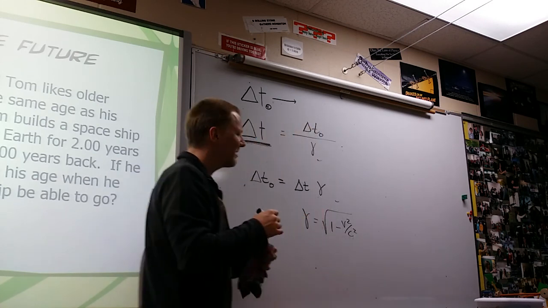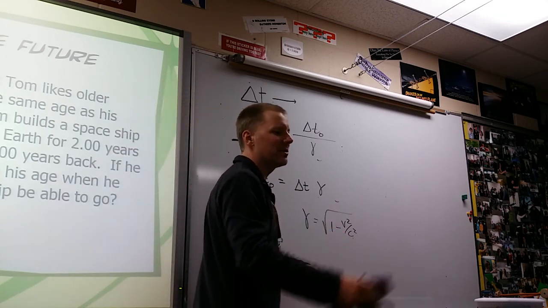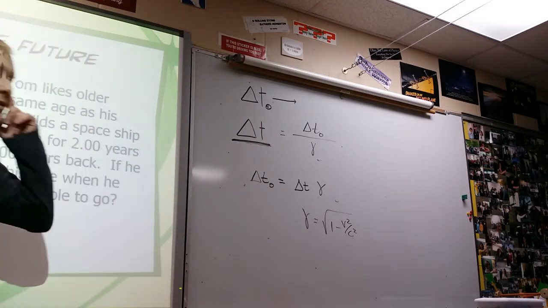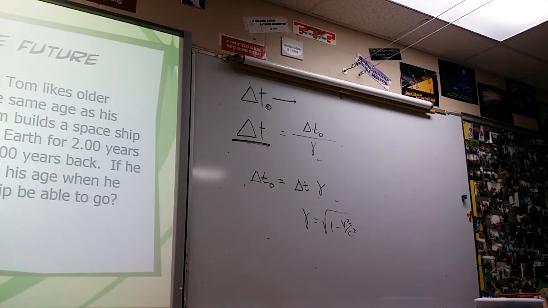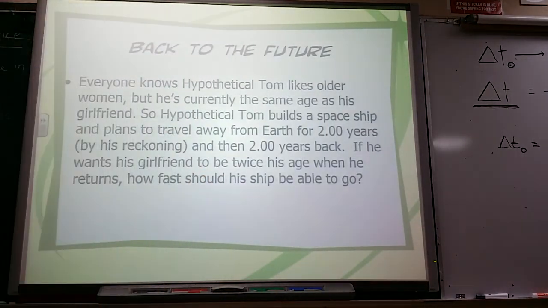Gamma is used a lot, and I forget if it's this or the fraction of 1 over this, but it's used a lot because we're going to keep seeing that radical crop up in almost all of our calculations. So let's take a look at some of them.